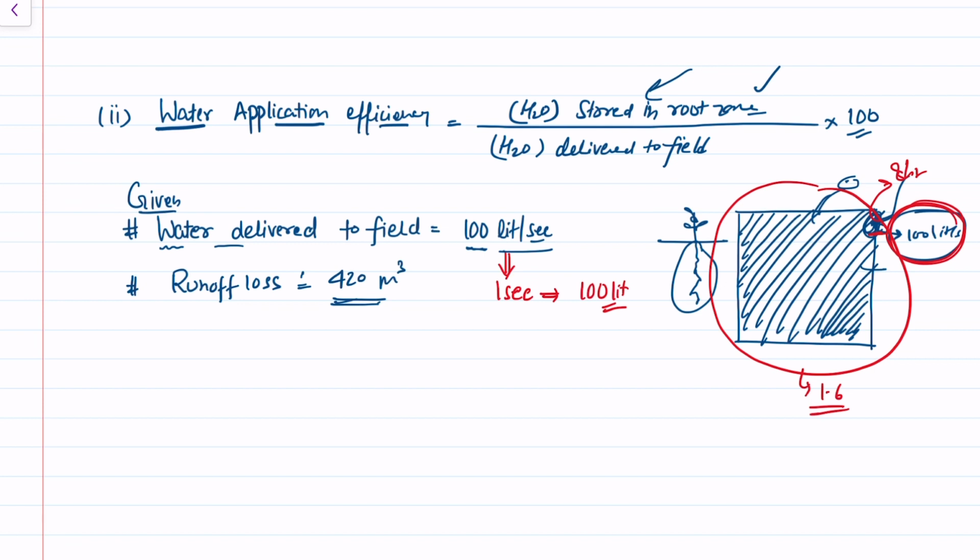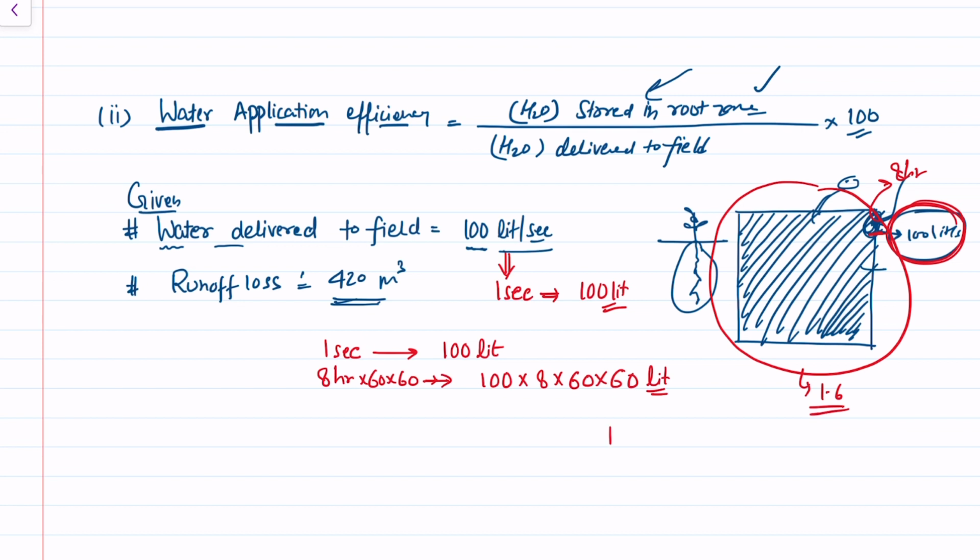So in 8 hours, or 8 into 60 into 60 seconds, how much quantity of water was supplied? 100 into 8 into 60 into 60, right? This much liters of water was supplied.